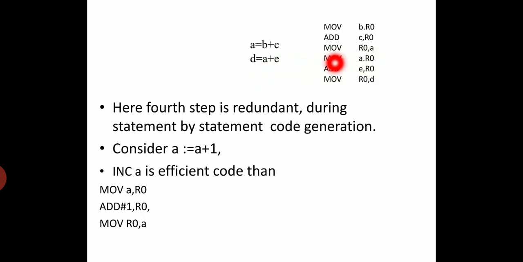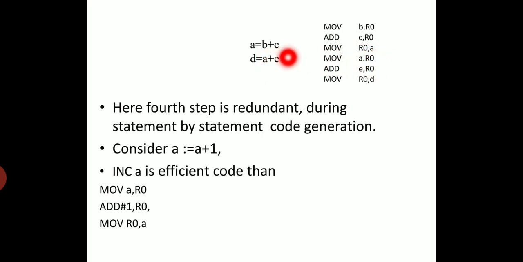Initially b is moved to R0, then we have added c and the result is stored in R0. It is already in R0, then we move R0 to a.